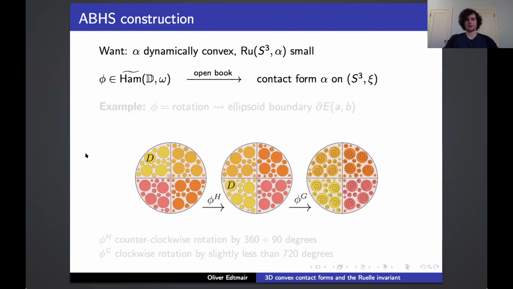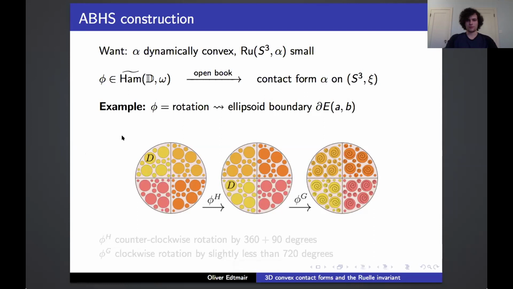So we take a Hamiltonian diffeomorphism of the disk, or rather an element of the universal cover. And then we can perform an open book construction to get a contact form on the standard three-sphere. And so the Reeb flow of that will have the disk as a surface of section and phi as the Poincaré return map. An easy example is if phi is a rotation. So in that case, we would get something that is strictly contactomorphic to an ellipsoid boundary.